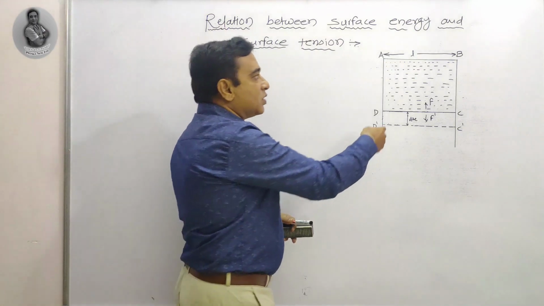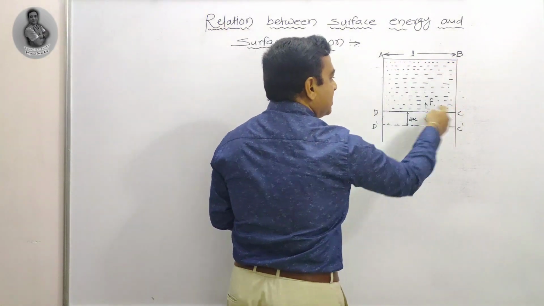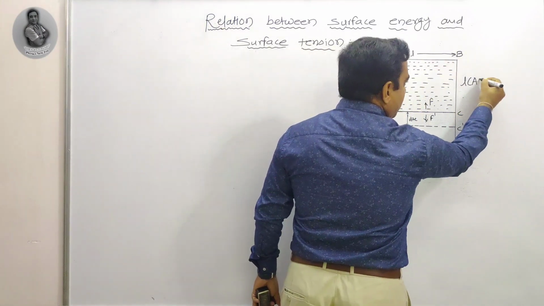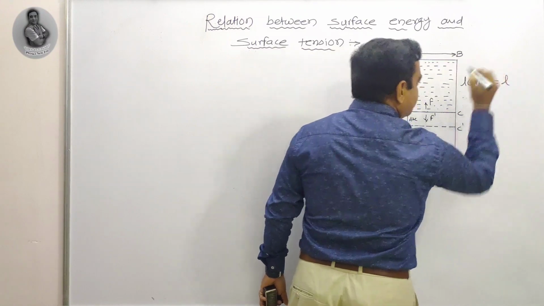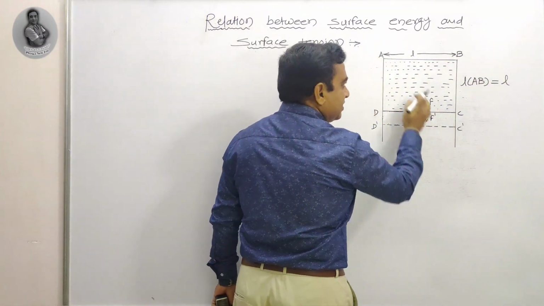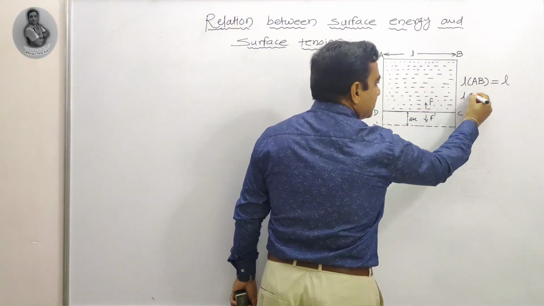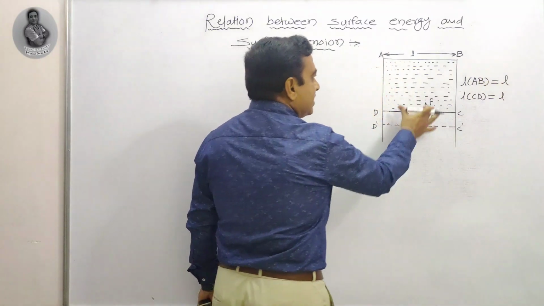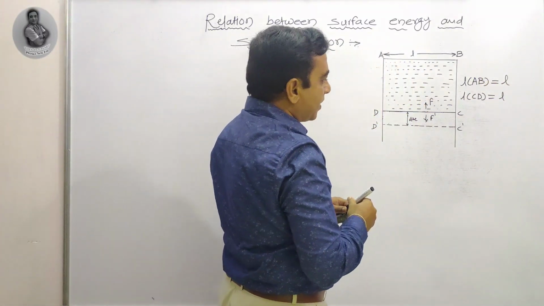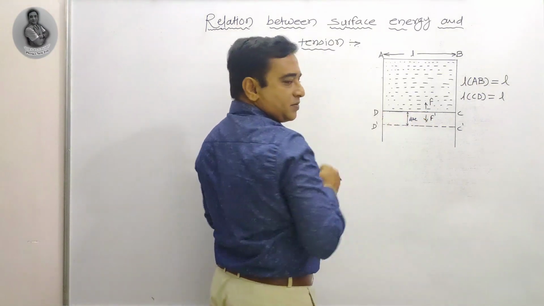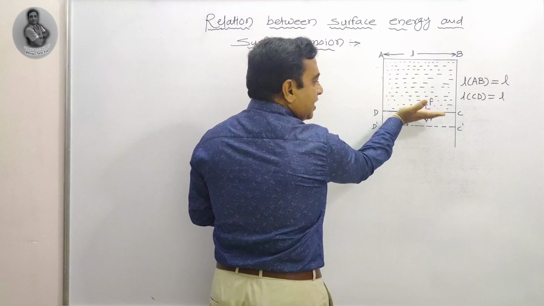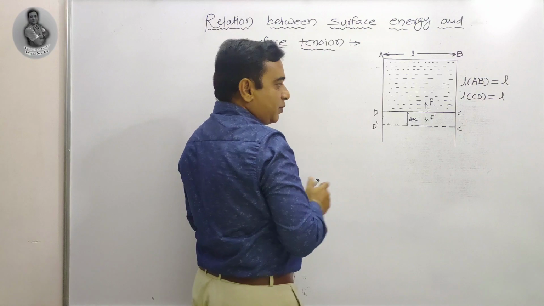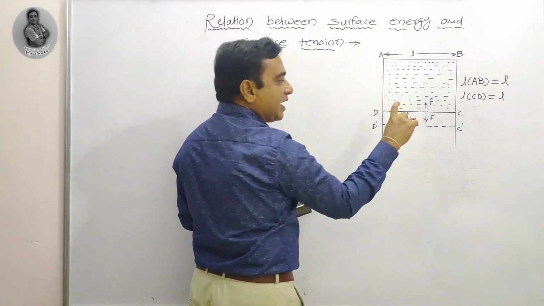Okay, so we need to consider this frame, ABCD. Length of AB is equal to L, and similarly, this is a rectangular frame, so length CD is equal to L. Now both the lengths are the same, and we apply an external force so that CD gets displaced from CD to C dash D dash by a small displacement dx.